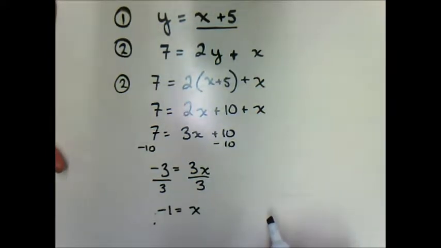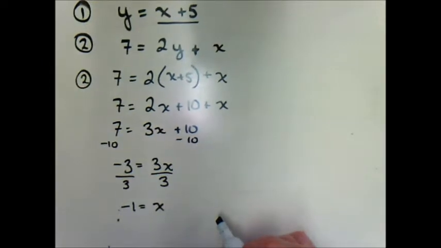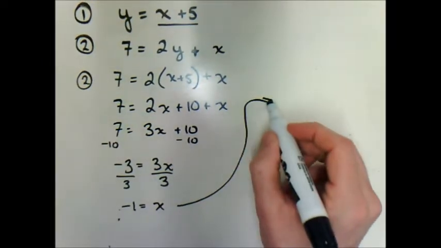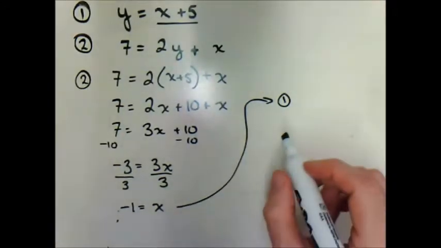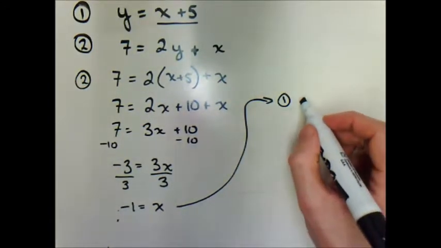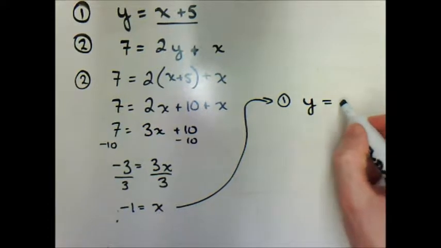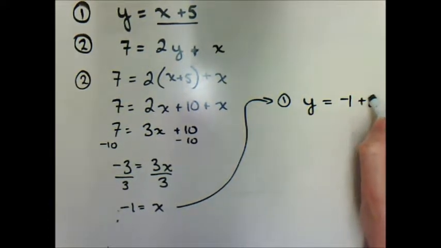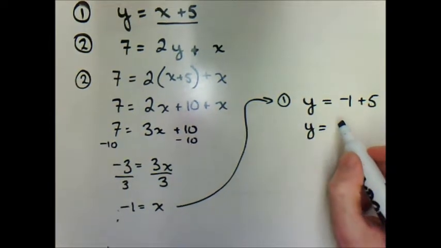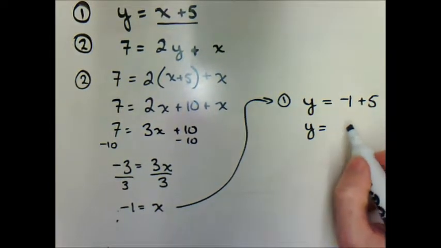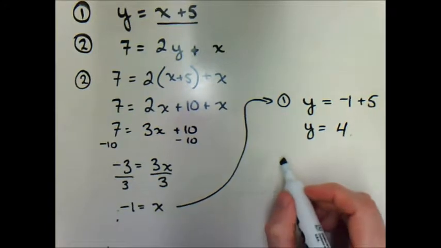x. Now I can use that information, sub it back in one of the equations. We'll go with equation 1 to find the value of y at the point of intersection. So now I know that x equals negative 1, so I can just sub that in for x, which tells me that at the point of intersection, y equals 4.